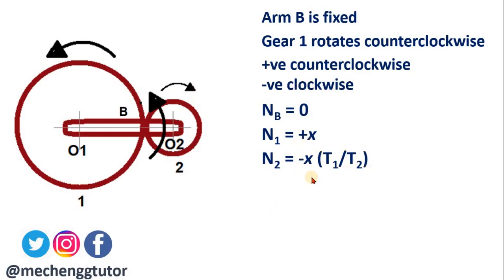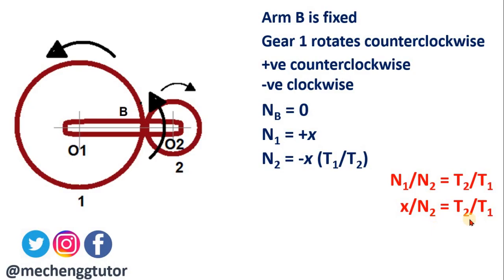So this RHS is obtained using the velocity ratio equation, that is N1 by N2 is equal to T2 by T1. That is the ratio of speed of gear 1 to the speed of gear 2 will be equal to the ratio of number of teeth on gear 2 to that of the number of teeth on gear 1. We substitute for N1 as plus X here.